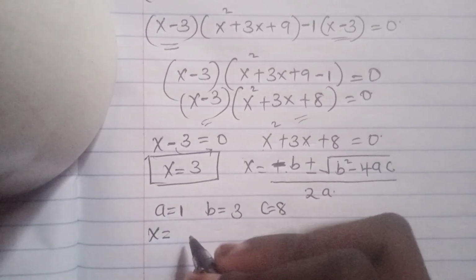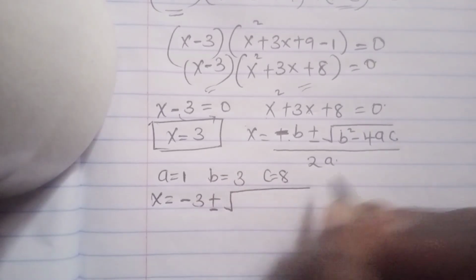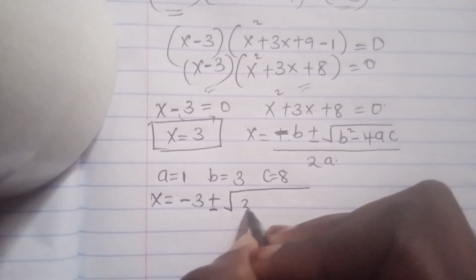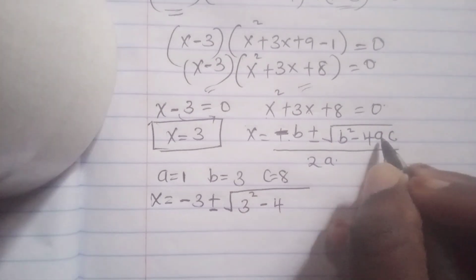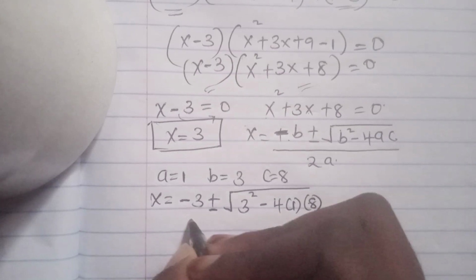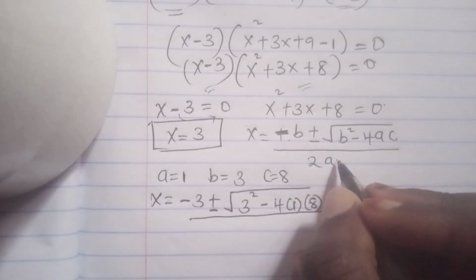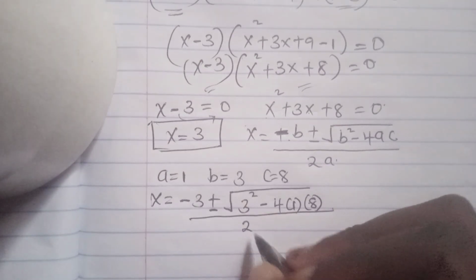Our b is 3, so this will be negative 3 plus or minus the square root of b^2, which is 3^2, minus 4 times a times c here, which is 8, over 2 times a. So this is 2 times 1, which is 2.